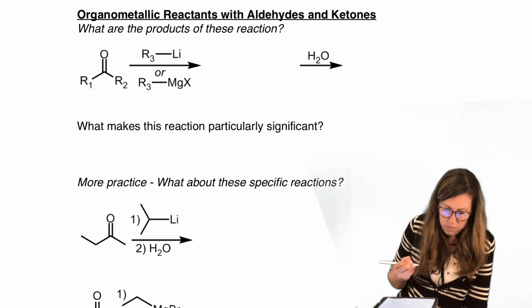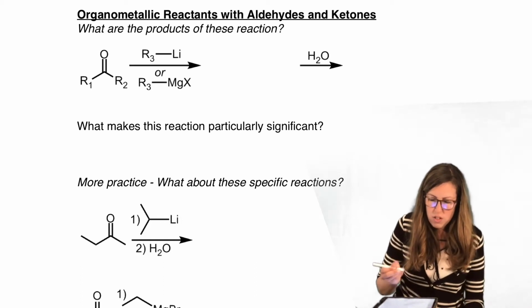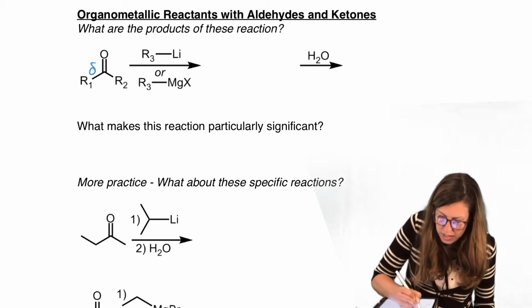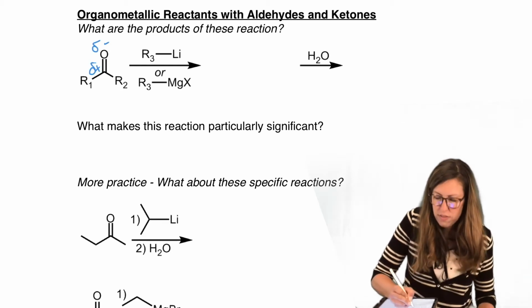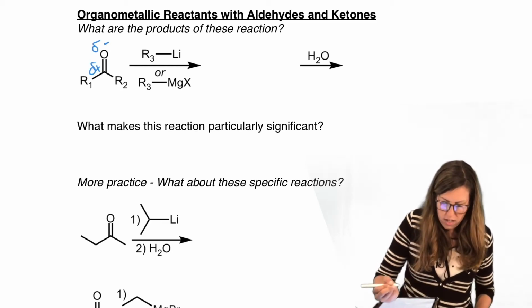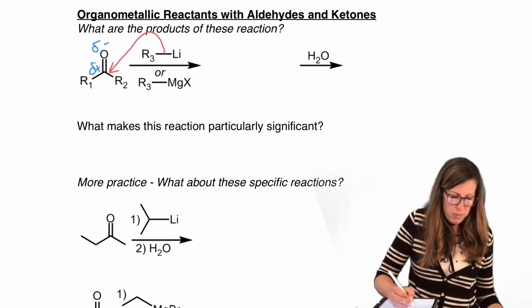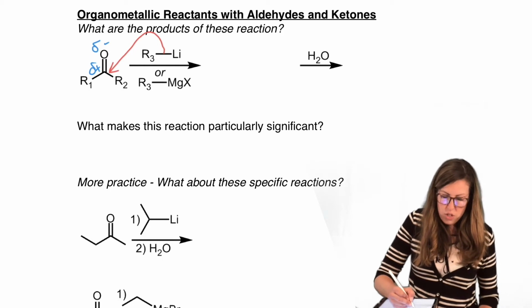Now, what do they do? They're carbon nucleophiles. They are going to do the same thing we've been doing, attack the carbon electrophile. So take your arrow and attack with either one of those bonds, and it's always the bond to the carbon.